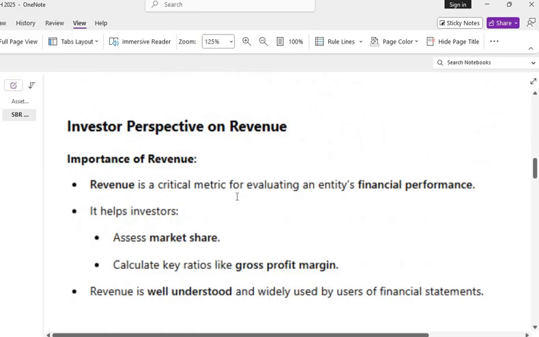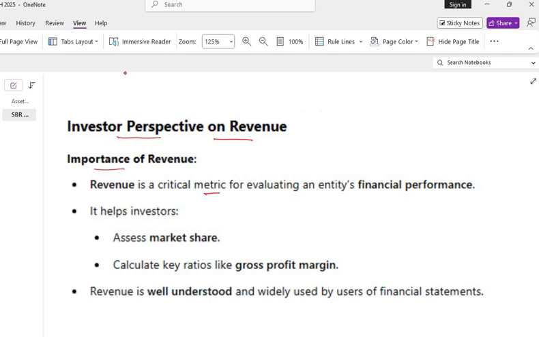We have to discuss the investor perspective on revenue. Why is revenue important? Revenue is a critical metric for evaluating the entity's financial performance. It is a measurement indicator that shows the financial performance of the business.